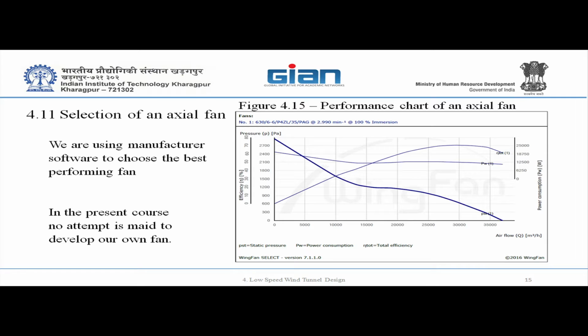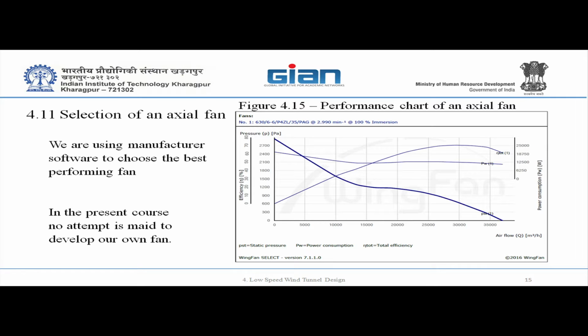So the bold line falling from 2700 down to 0 is the static pressure the fan is facing. So if you are blocking your fan, namely it creates a vacuum there, your flow is 0.